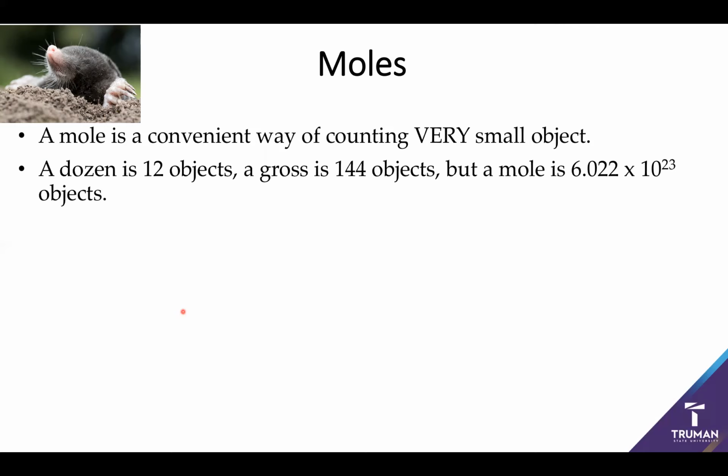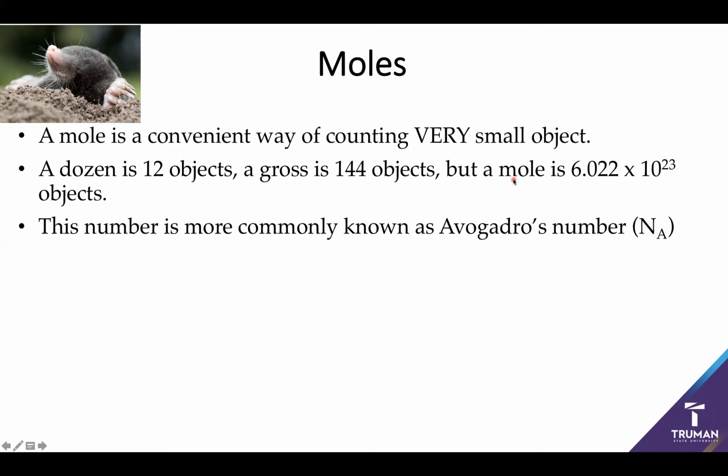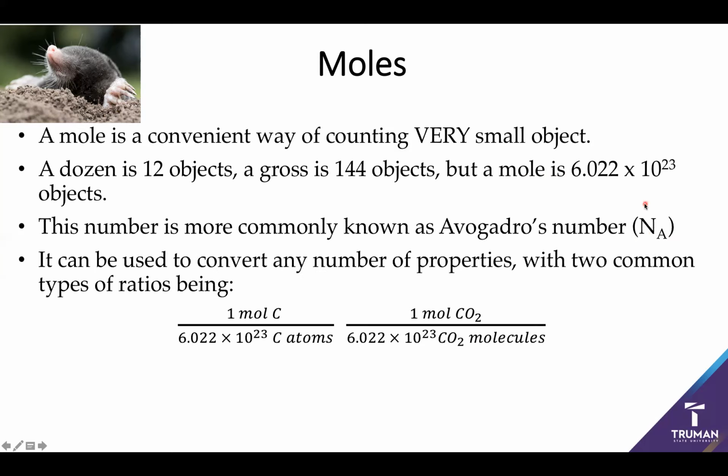One of the important things is that you can apply moles to anything, be them atoms, be them molecules, anything you want. And so we're often going to refer to this conversion between objects and moles as Avogadro's number. Avogadro's number is just equal to that many objects per mole. It can be used to convert any number of properties.